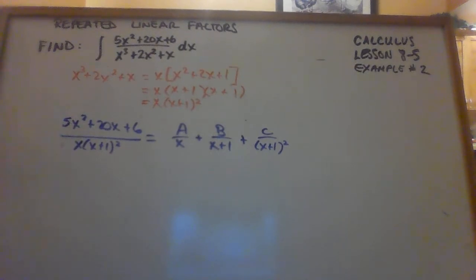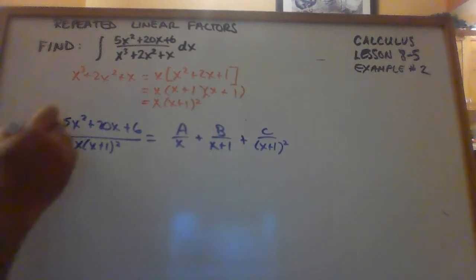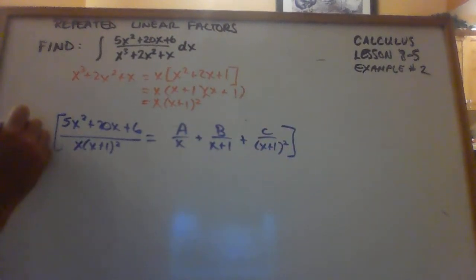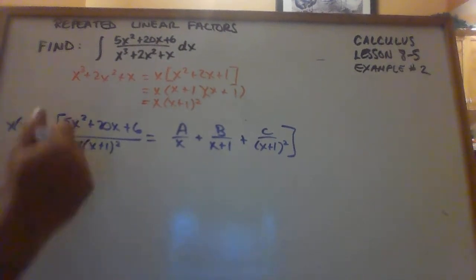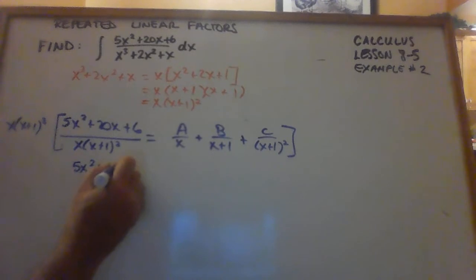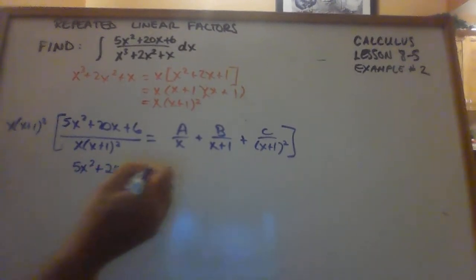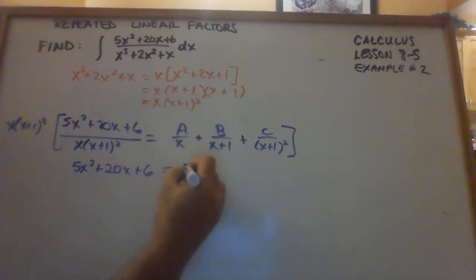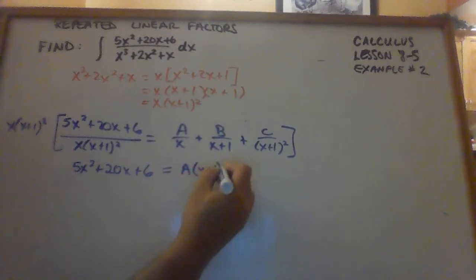Okay. So then what we would do is multiply this entire thing by x times x plus 1 squared. That's going to cancel out all this and leave me with 5x squared plus 20x plus 6 over here. The x will cancel the x and leave me with a times x plus 1 squared.